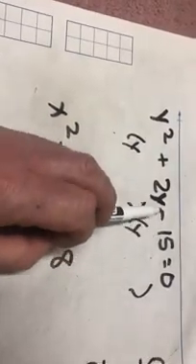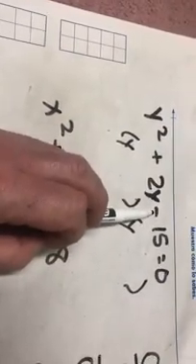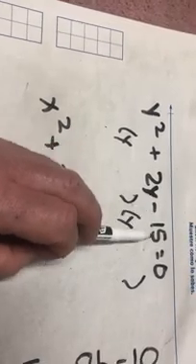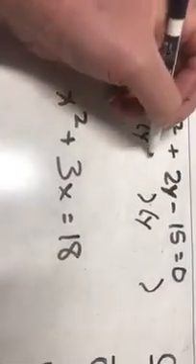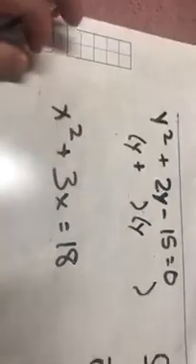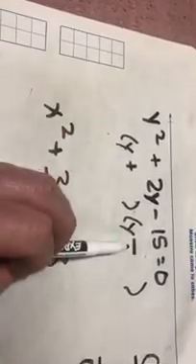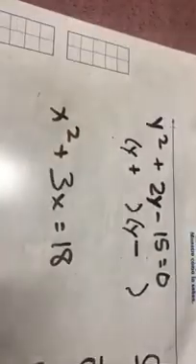Okay, now I have a negative 15, so I need two numbers multiplied together that equal negative 15. The fact that it equals a negative 15 tells me that one of the signs has to be positive and one of the signs has to be negative, because it's going to have to be a positive times a negative to get a negative answer.